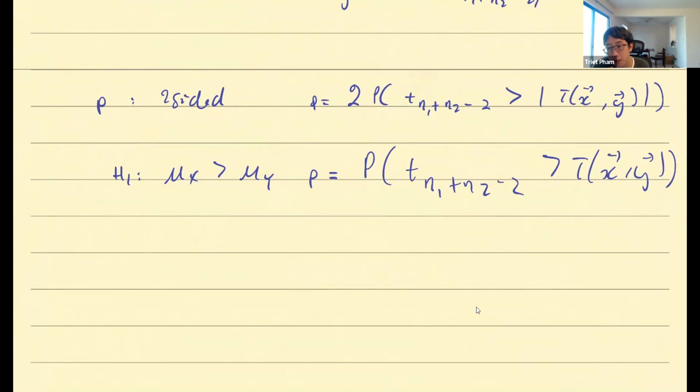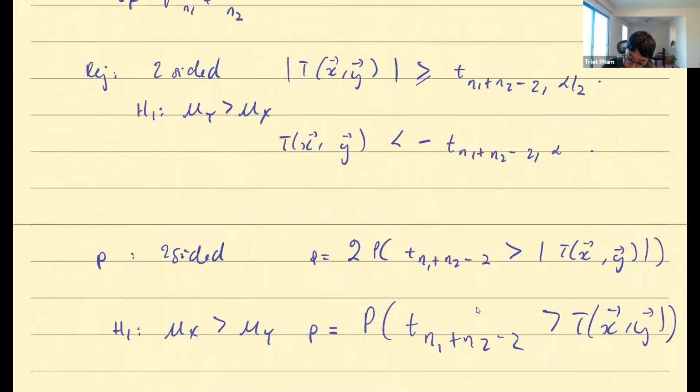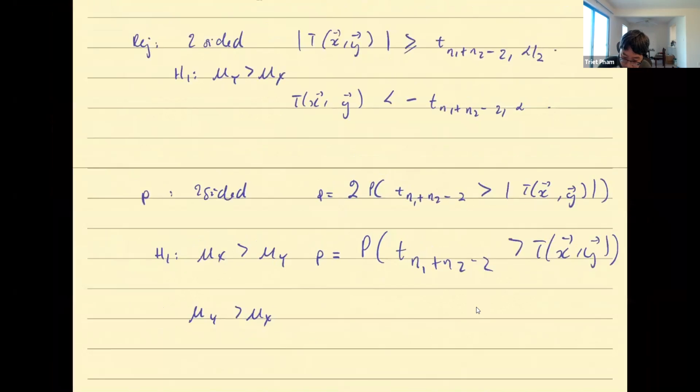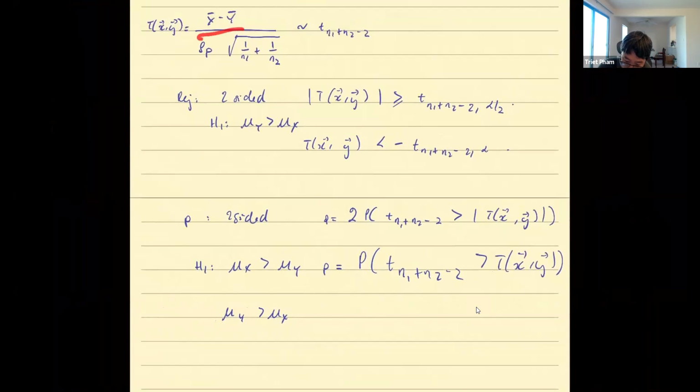What was the p-value for y less than x? So if mu, wait, hold on. You mean mu y is bigger than mu x? Oh yeah, bigger, of course, that's what you said. Then this tends to be negative, right?